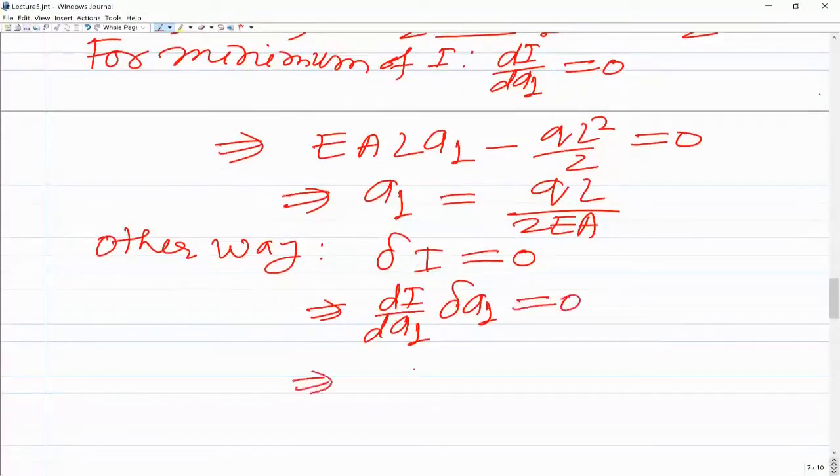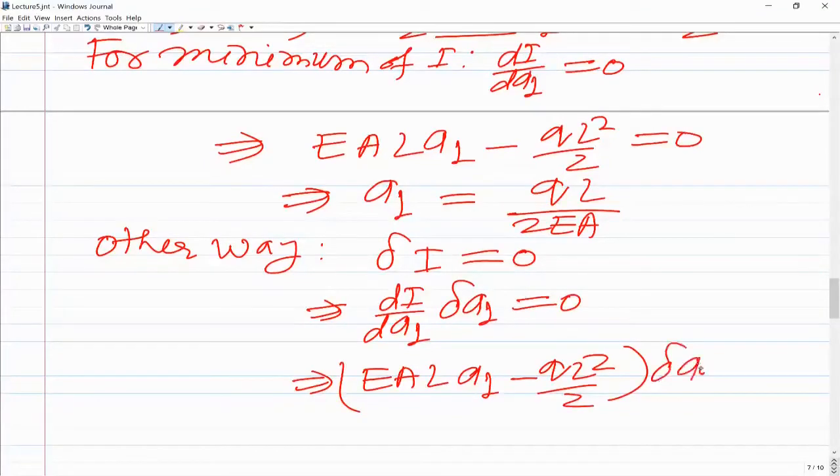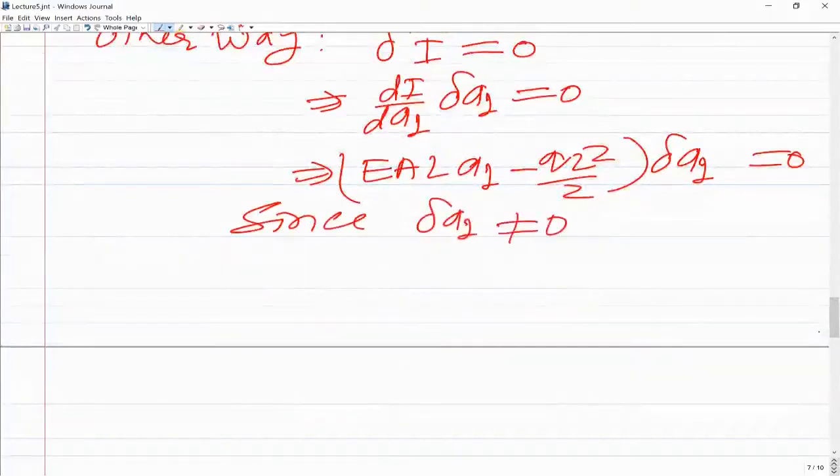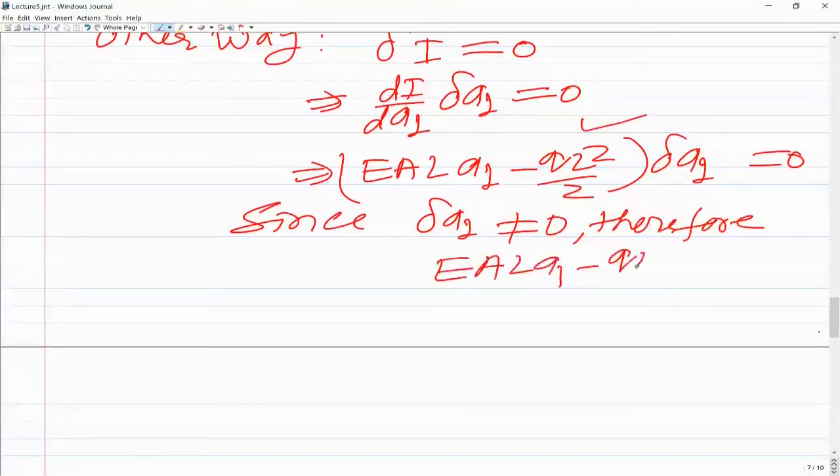And dI by da1, as we have already seen, is EA l a1 minus ql square by 2, multiplied by delta a1, equal to 0. Now delta a1 is arbitrary and not equal to 0, so for this equation to be satisfied we get EA l a1 minus ql square by 2 equal to 0.